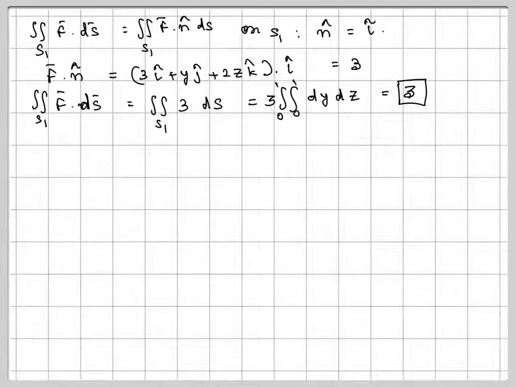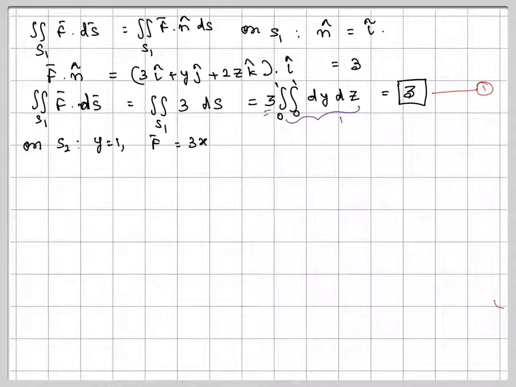So it is also integral 0 to 1, integral 0 to 1 dy dz, which is equal to 1, and with the 3 outside, the result is 3. Now similarly we have to find out the integral over S2, S3 and so on. We'll call that step 1.